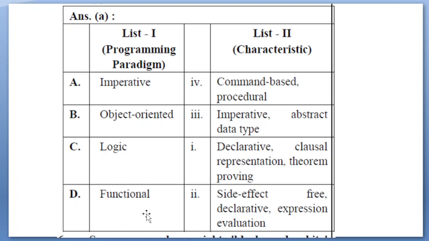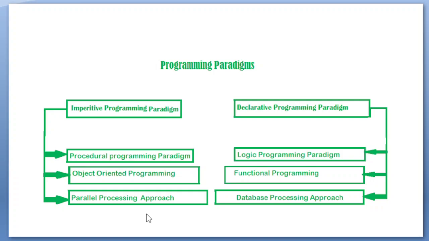Okay, let's look into the detailed explanation. There, we are classifying the programming paradigm into two broad categories, that is imperative programming and declarative programming. In imperative programming, you should remember the keyword how, and in the declarative programming paradigm, you should remember the keyword what.